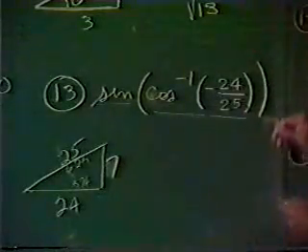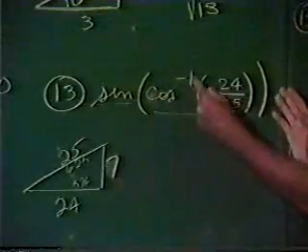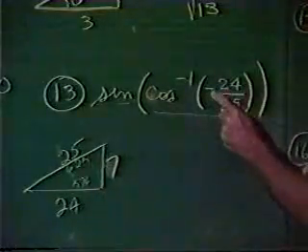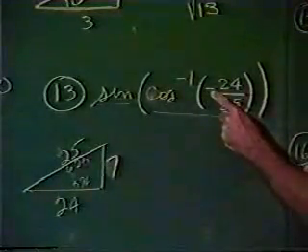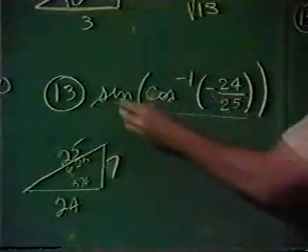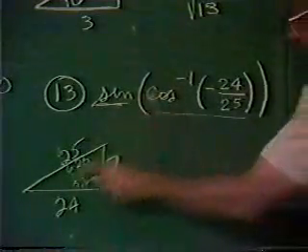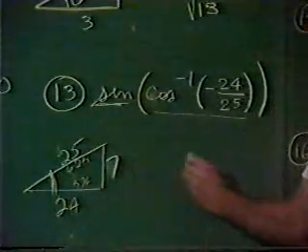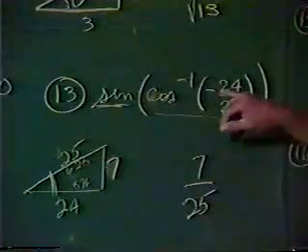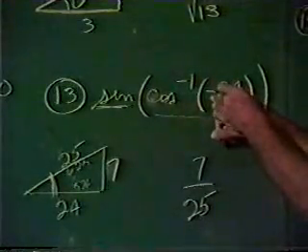Okay. So now, from this, I have drawn my triangle. What angle is the cosine of minus 24 over 25? The minus tells me the quadrant. So, I can answer this question right here. The sine of this angle is 7 over 25. Now, this was in quadrant 2, remembering arc cosines, minuses are in quadrant 2.